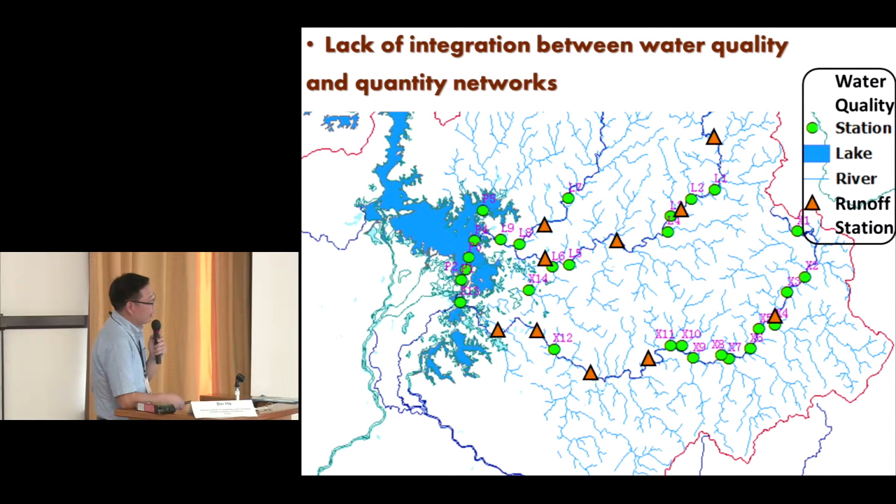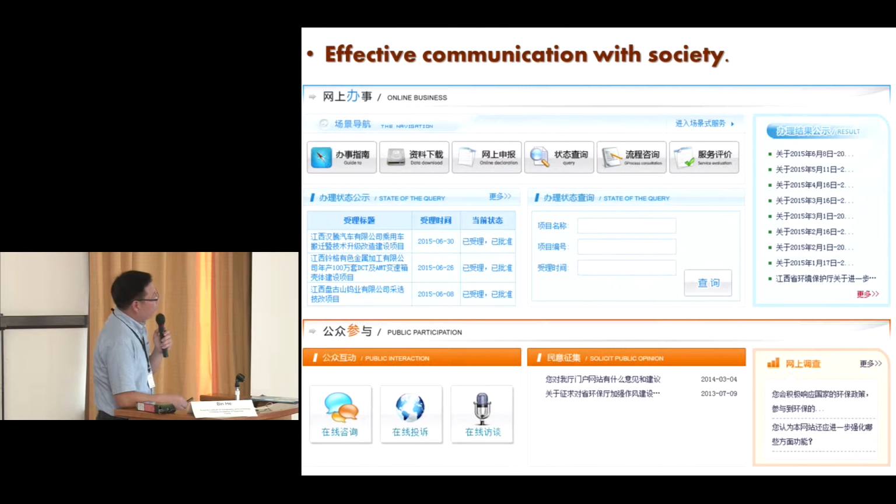Because in China, this kind of river network is not so easy to build, because the stations have been controlled and managed by different departments. And for effective communication with society, we have already put in many efforts to get more public participation through different departments and also for the local people.